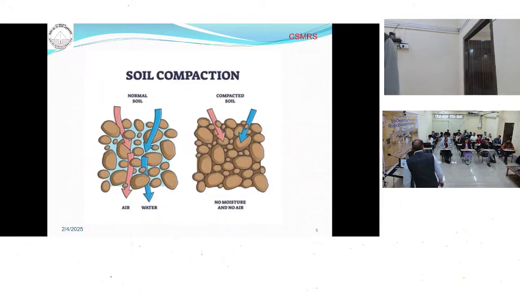This is the most important process in the case of any construction. Whatever the material, whatever the structure, if you want to construct an embankment with the soil, this is the process you have to follow. So in case of the soils, we will discuss what the densities are and how to achieve that.